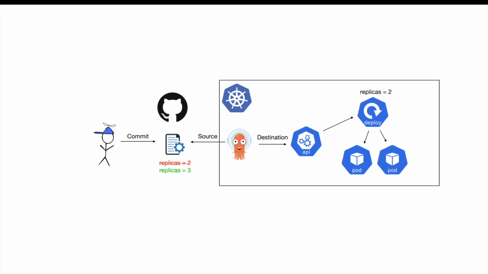As soon as you increase the replica count to 3 in your Git code, there is a shift in the difference between the numbers, right? So as soon as Argo CD notices that, it triggers and scales the number of pods accordingly in order to keep the state as specified in your Git repo.